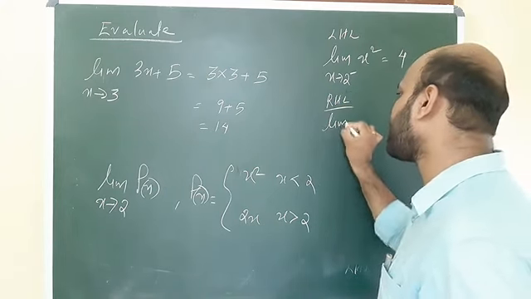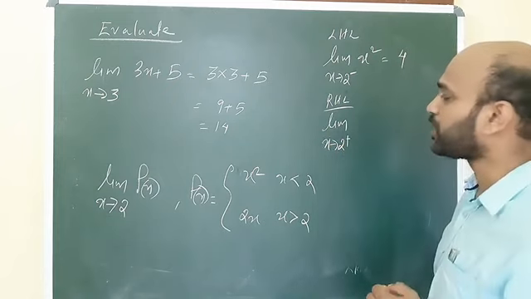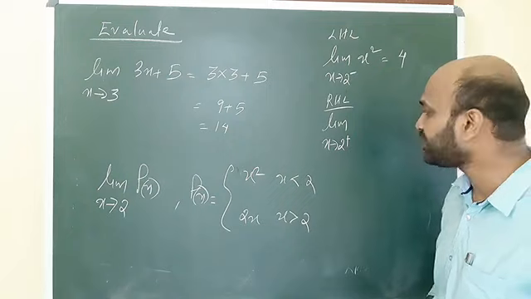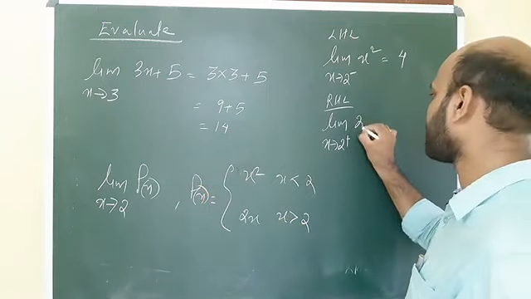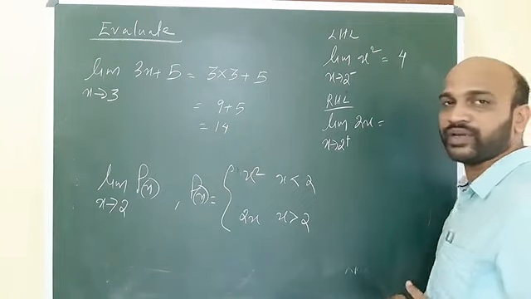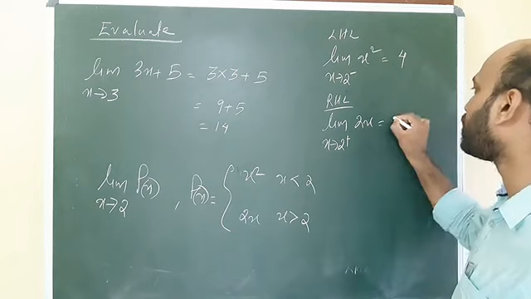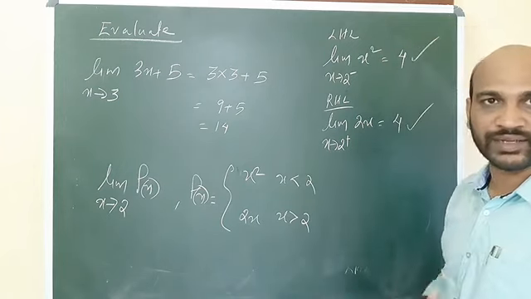That is limit x tends to 2 plus. 2 plus means x is more than 2. In that case, the value of the function is 2x. So how can we find it? You have to substitute 2 in this function. So the value will be 2 into 2, 4. We can see that LHL is equal to RHL.